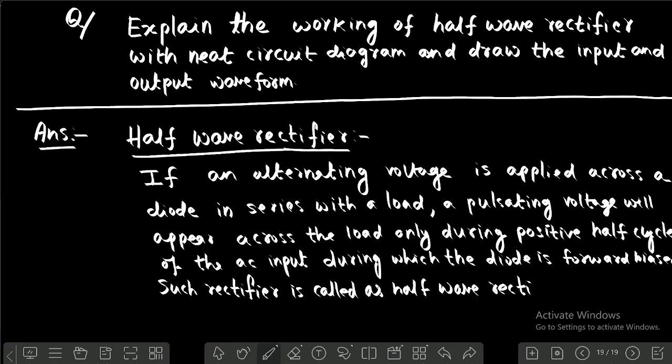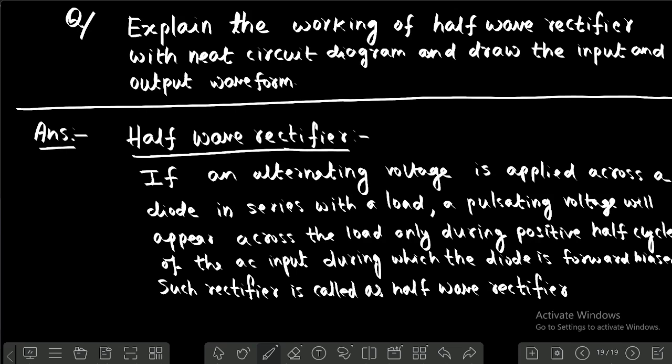It consists of one diode connected to a load in series. If you give an AC signal at the input, at the output you get a pulsating voltage, but only during the positive half cycle, because only then is the diode forward biased and conducting current.